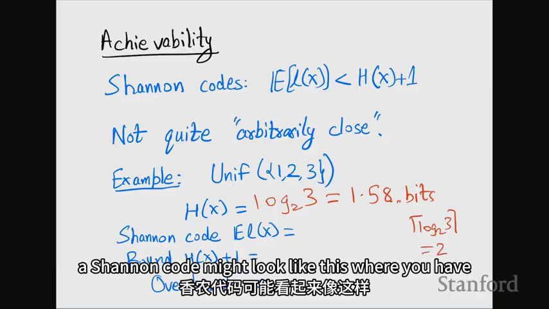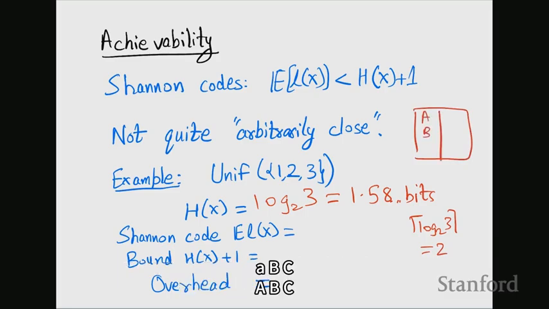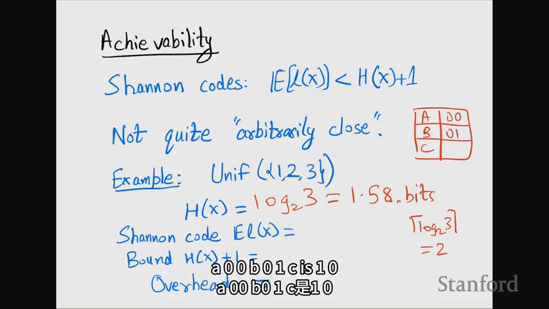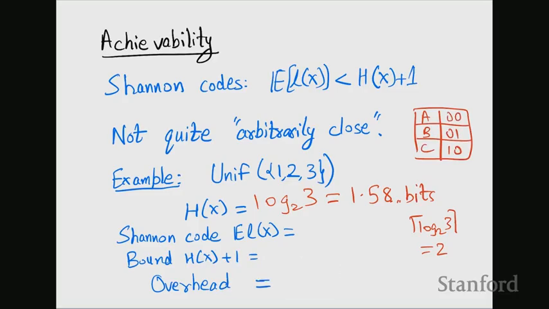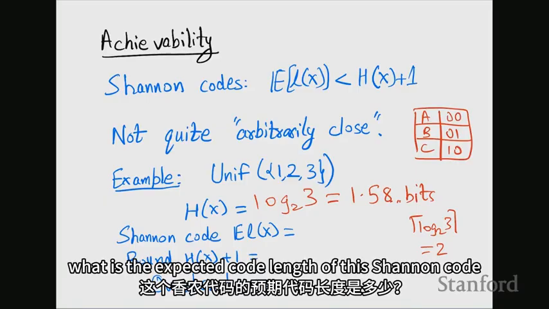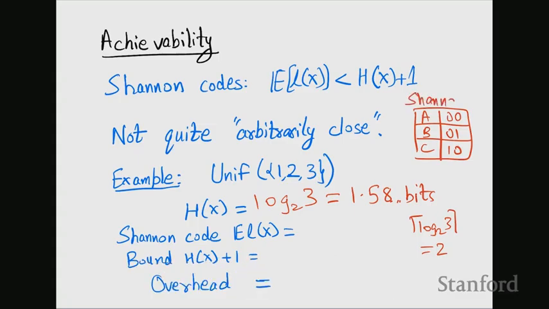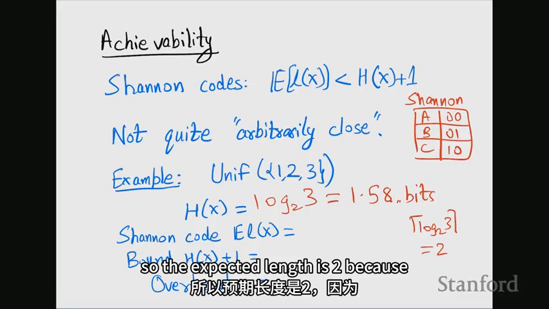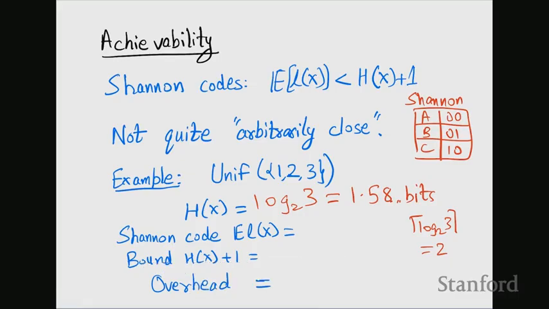So a Shannon code might look like this, where you have A, B, C. A is 0 0, B is 0 1, C is 1 0. What is the expected code length of this Shannon code? The expected length is 2 because all of the code words have length 2, right?